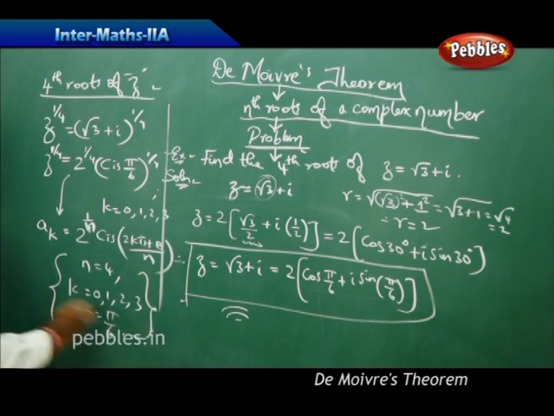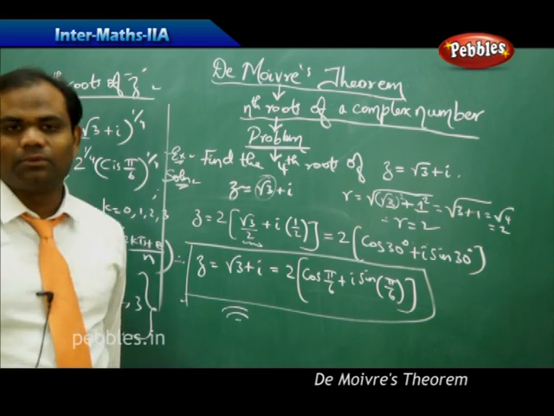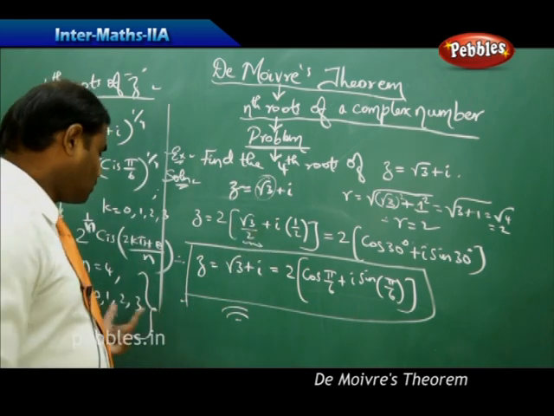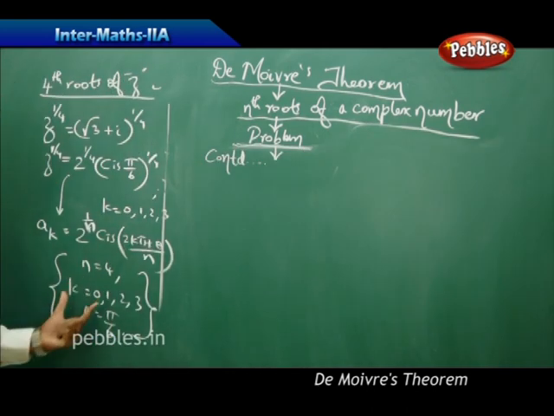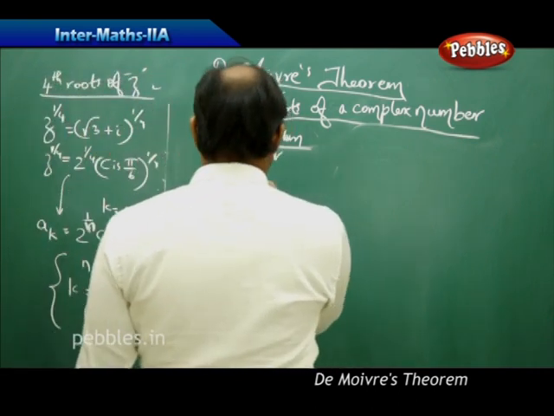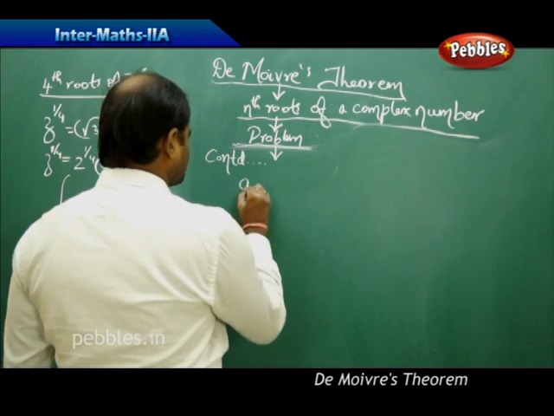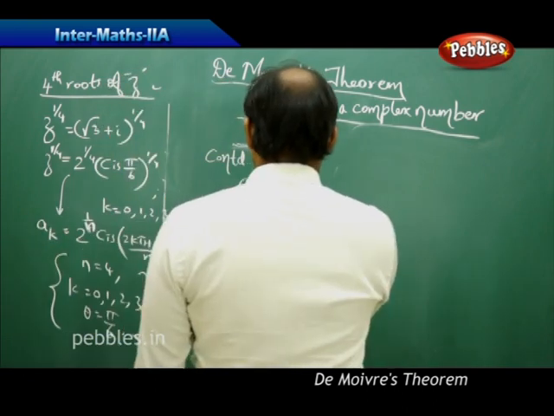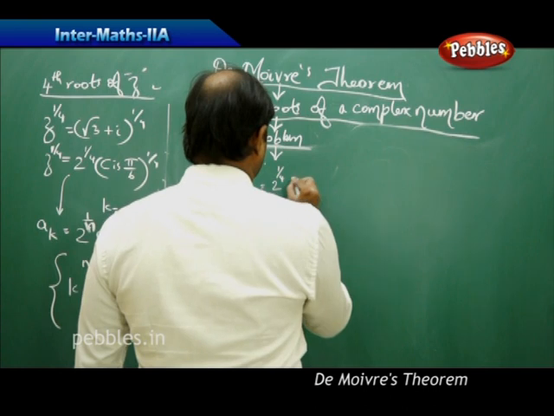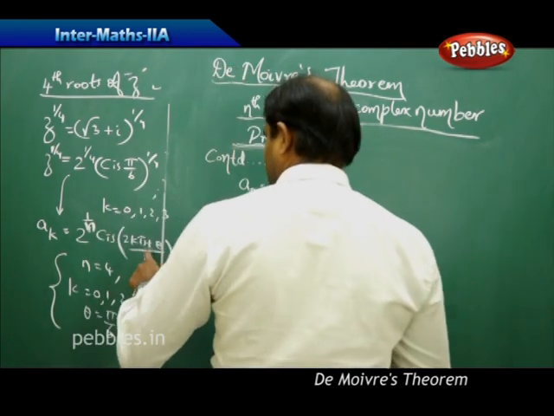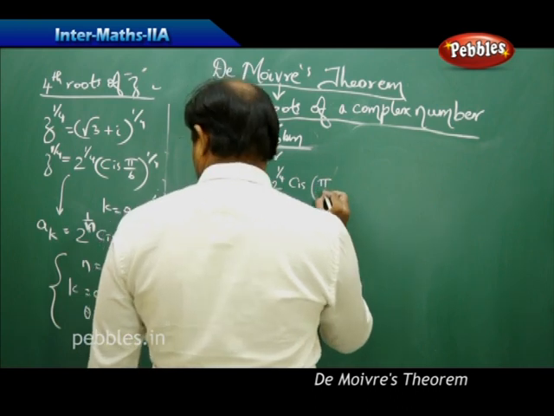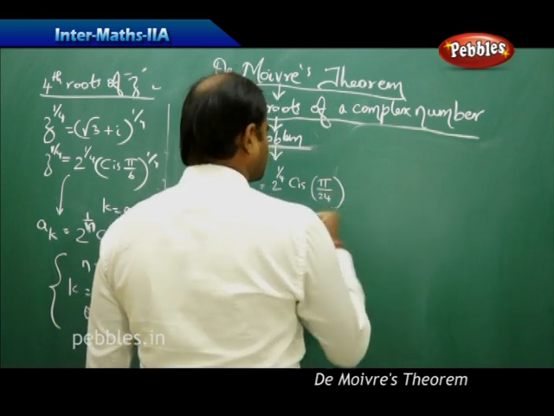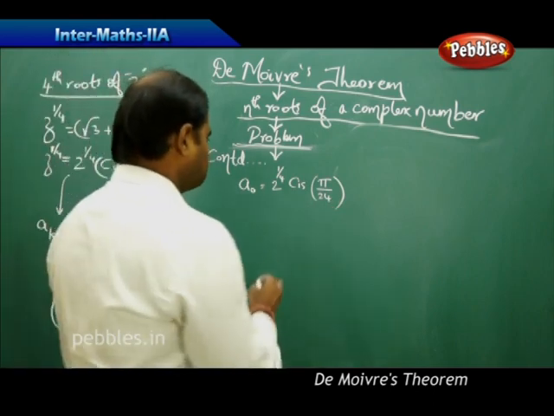So based on these basic properties, let's see how we can find the fourth roots. Substituting n, k and theta into this, I get each of the values. Where k equal to 0, I get a0, which is 2 power 1 by 4 of cis pi by 6 by 4, which is pi by 24, which I get here.